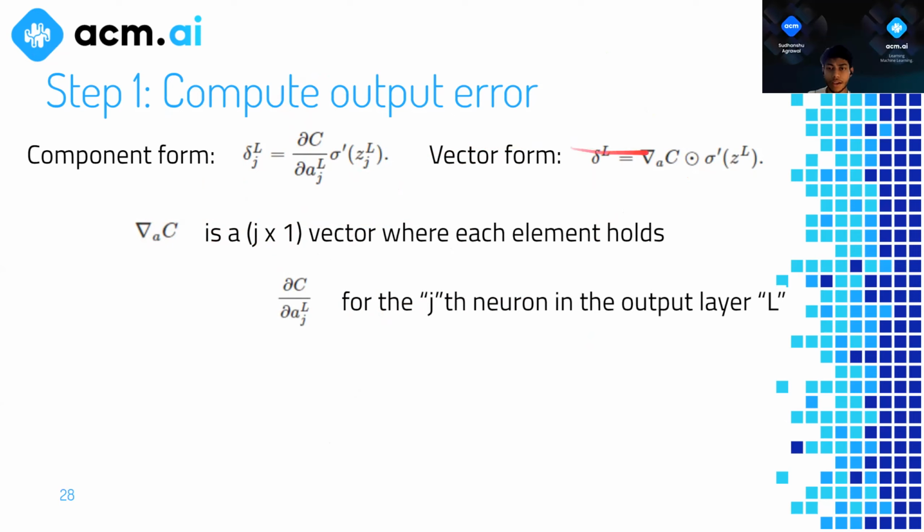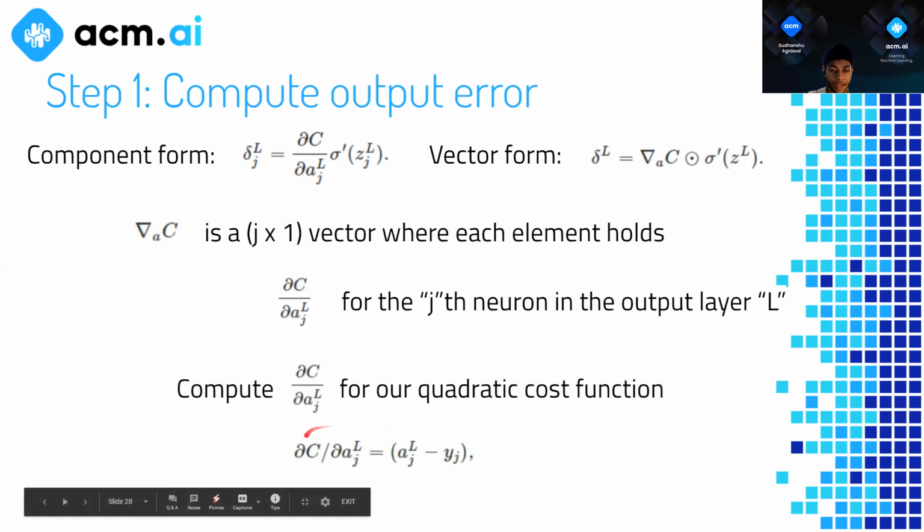And now you can ask, well, is this function really easy to compute? We have the Z, we have a nice analytic formula for the sigma. The way we calculate this term is simply by taking the derivative of that cost function. So way earlier, we defined the mean squared error cost function. The derivative of that ends up being this formula here.